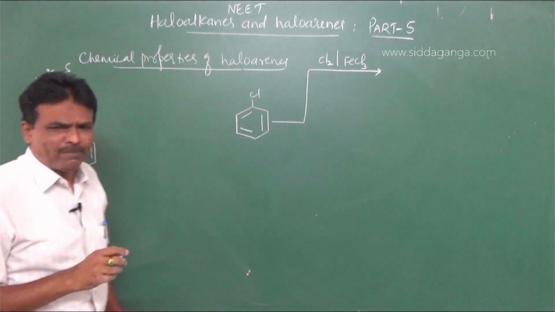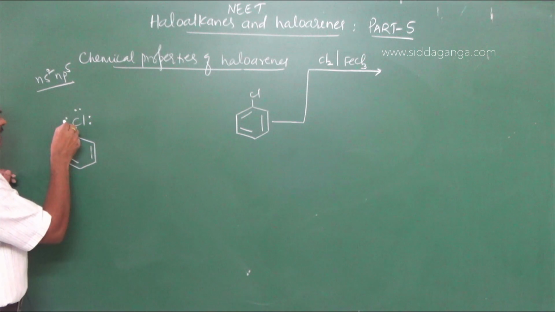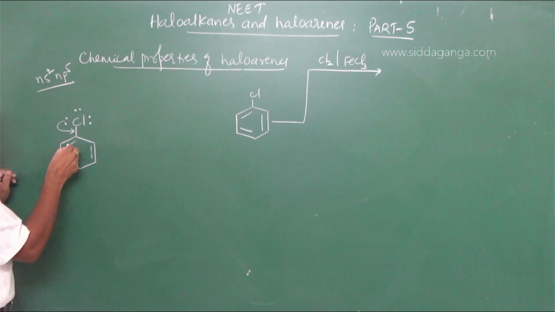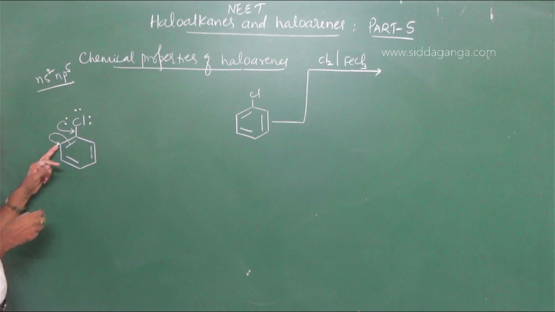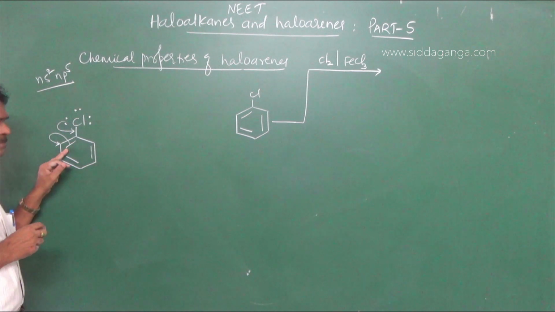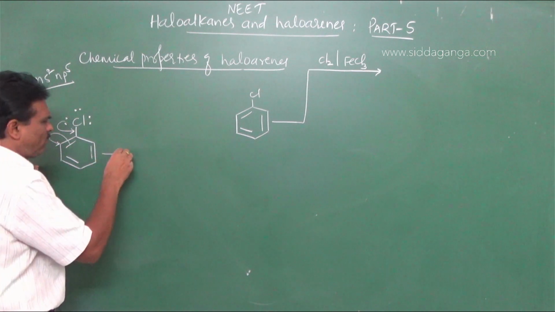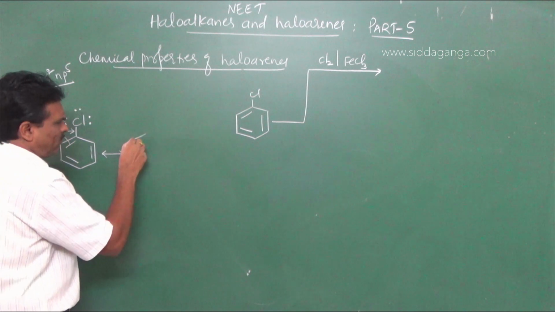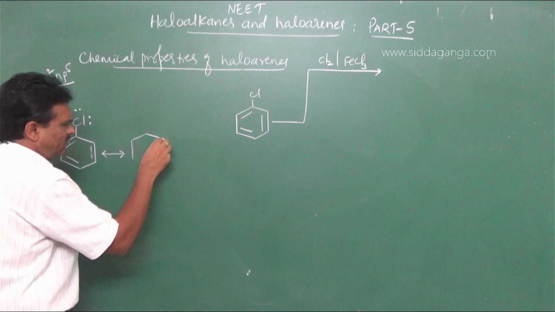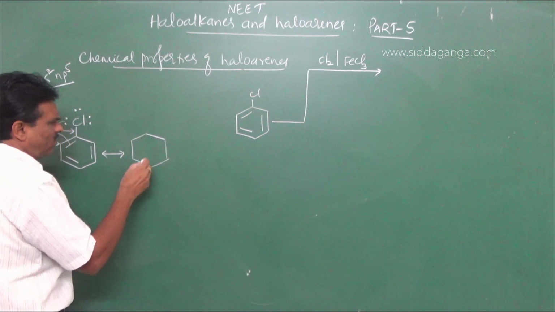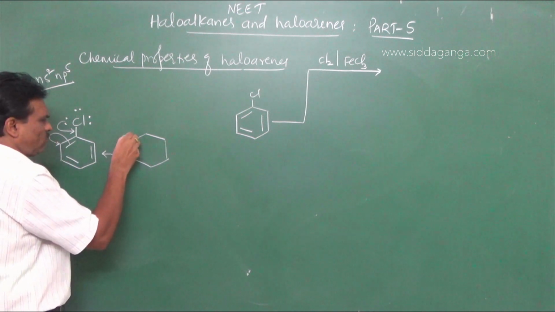So if one of the lone pairs of electrons is involved in resonance, at the same time the ortho position gets a pair of pi electrons to form another canonical or contributing structure of chlorobenzene.